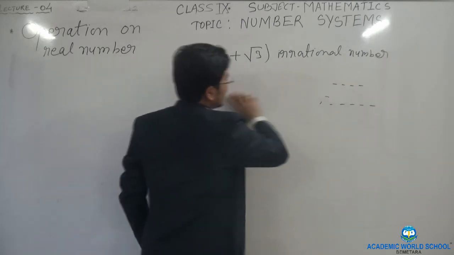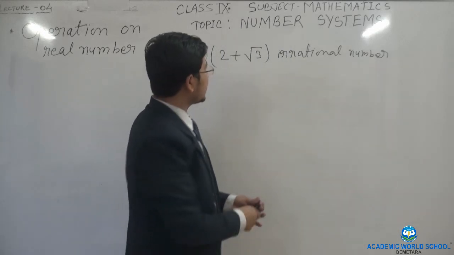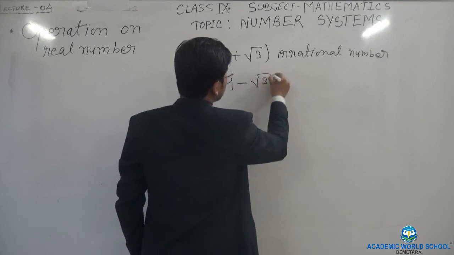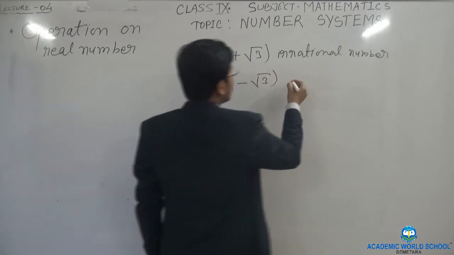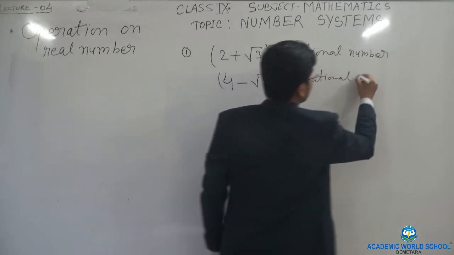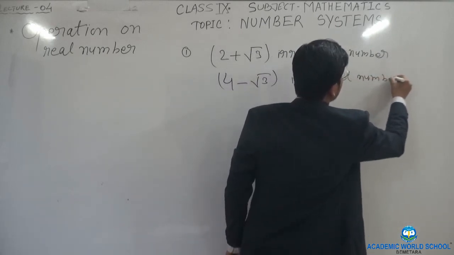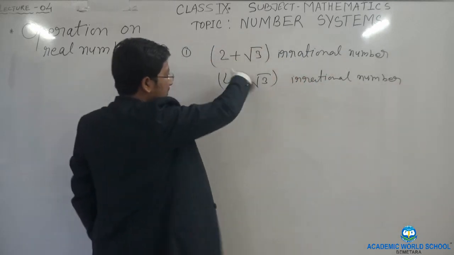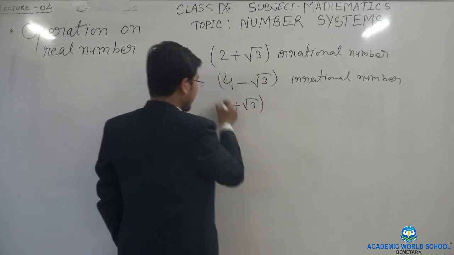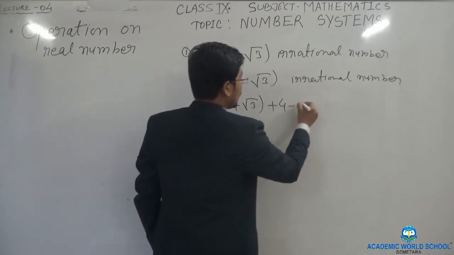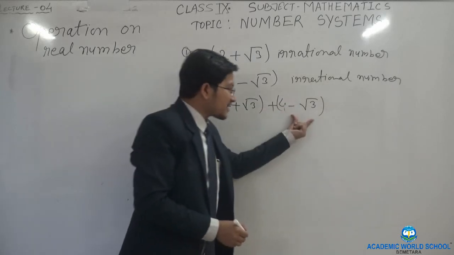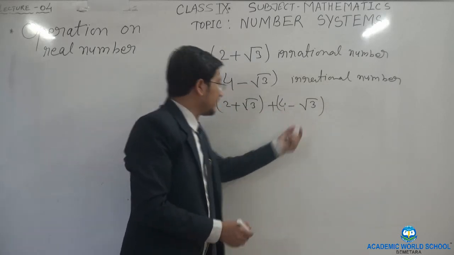Now if we add another irrational number, let's say 4 minus root 3, this is also an irrational number. If we add these two, this is 2 plus root 3 plus 4 minus root 3. Irrational numbers, we are adding them together.